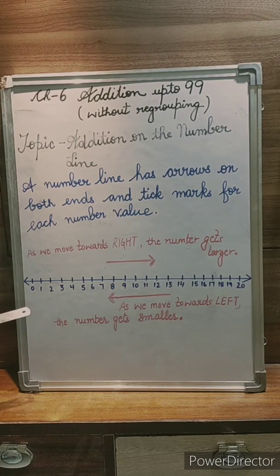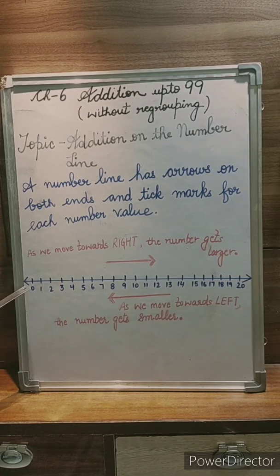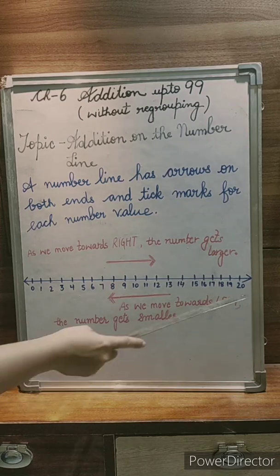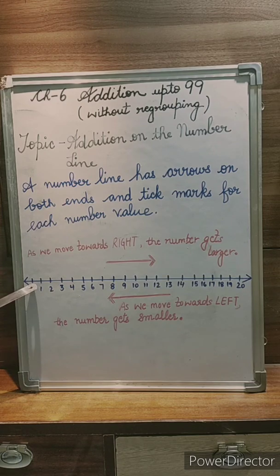Look here, this number line has been drawn from 0 to 20. It has arrows on both ends and tick marks for each number value.